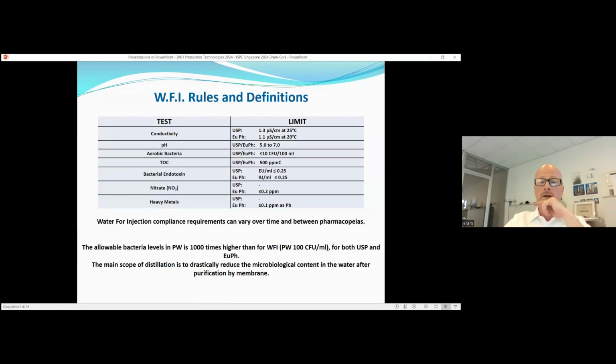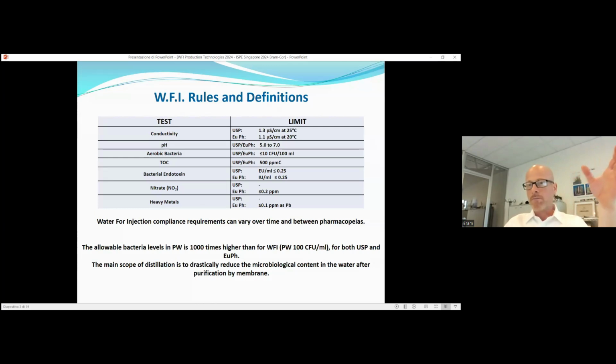Nitrate is recognized just by the Europeans, that is 0.2 ppm, and the same is for the heavy metals, that is 0.1 ppm. So let's say that, which is the main difference between the compendial waters or fluids recognized by the pharmacopoeia.